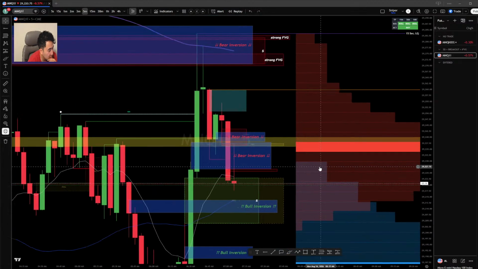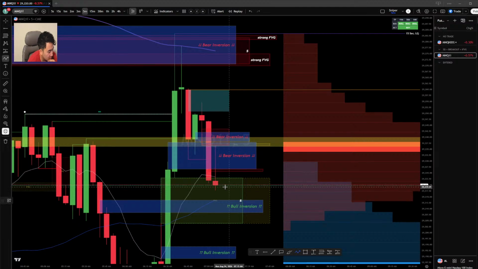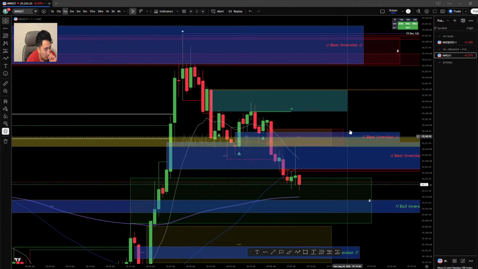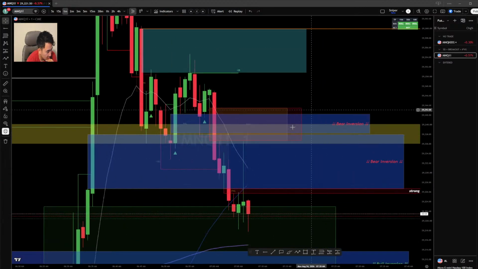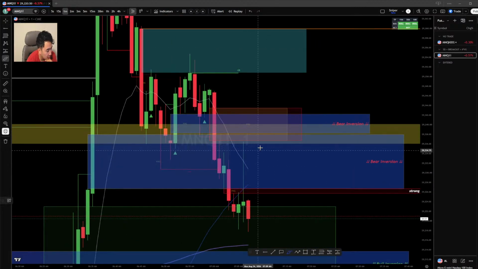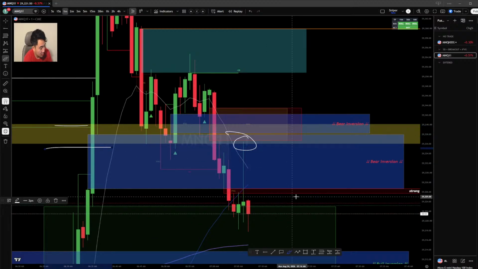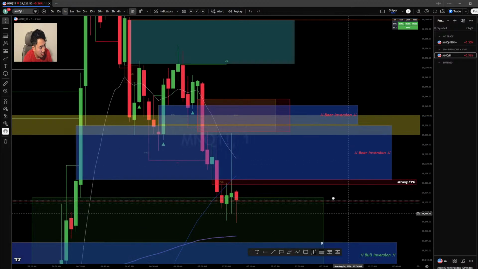It looks like price came back, pushed down, then came back up, retested that resistance area as well, and tapped this gold bar. All right.